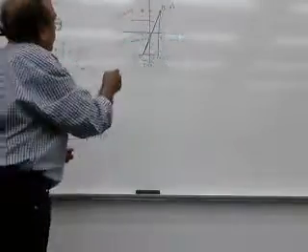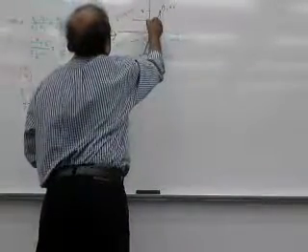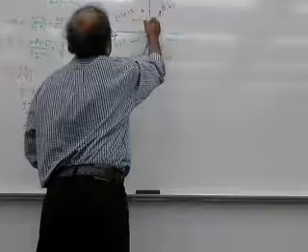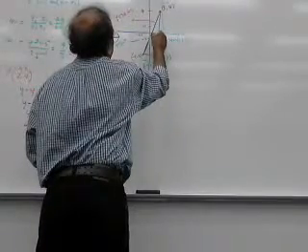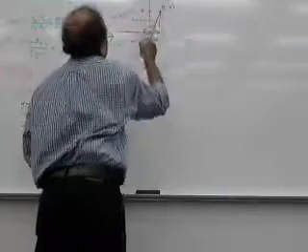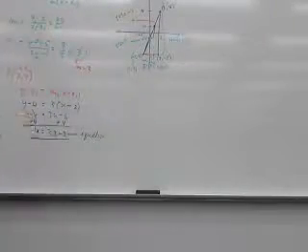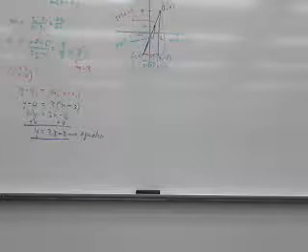If you run 1 more unit, let's say negative 1 is here, and you rise 2 units, you're back on the line here. Rise over run. So it's a convenient way to do it.